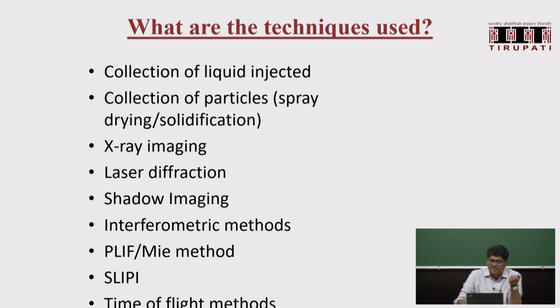There is another advanced method, structured laser illumination planar imaging, which is called SLIPI. That is used for dense sprays. All these optical methods have to see through the sprays, right? But if it is too dense, what happens?